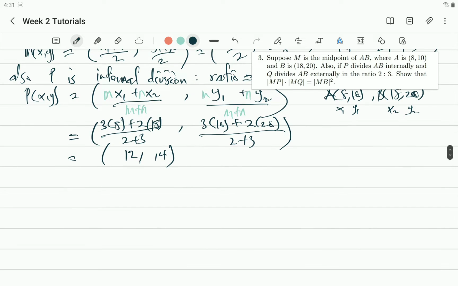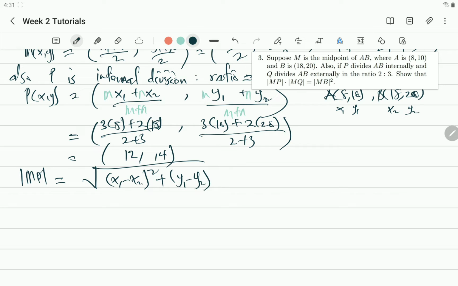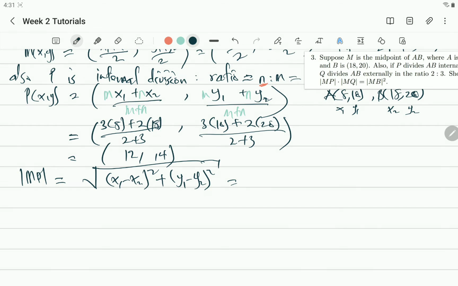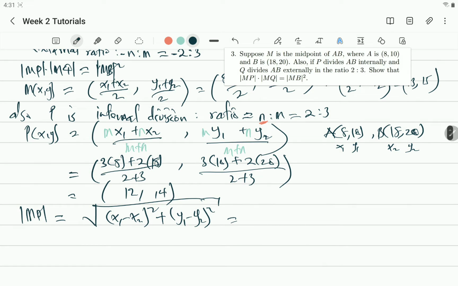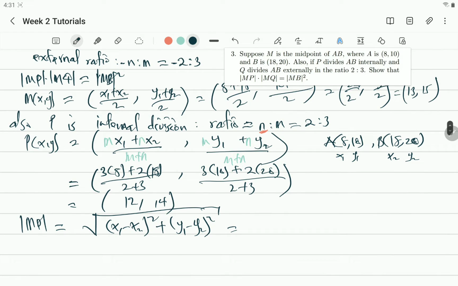Then we go ahead for the MP this time, because now they said we should be able to find MP, which we wrote initially as the difference in the x coordinate squared plus the difference in the y coordinate squared. And we have everything already. We have M and P already.